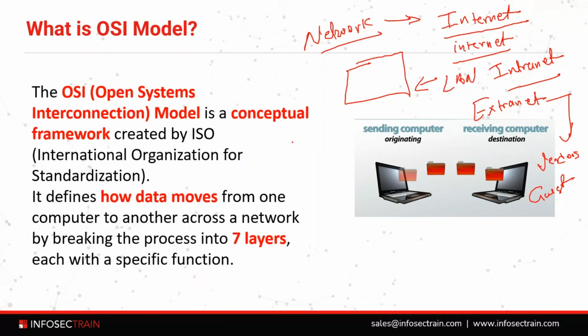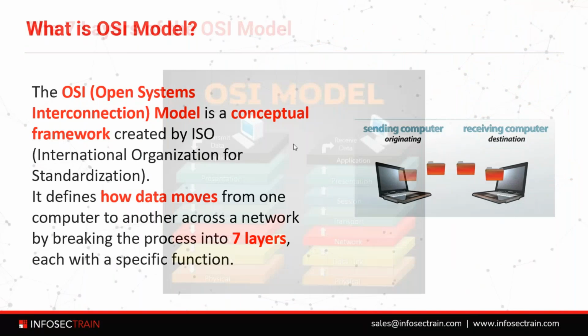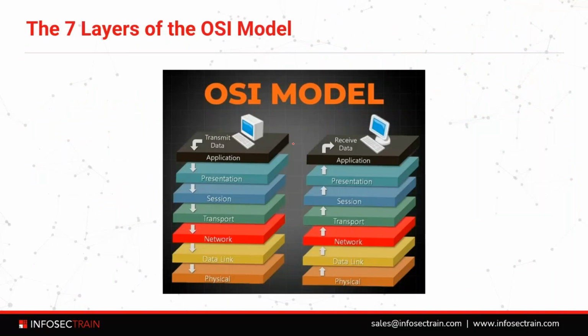Great. So we have 7 layers, and these are the 7 layers of your OSI model. Everyone was correct. Now, if someone is not able to remember the names sequentially, you can use a mnemonic.